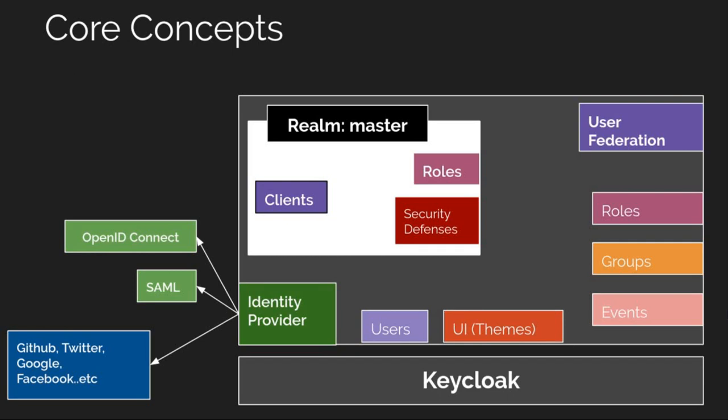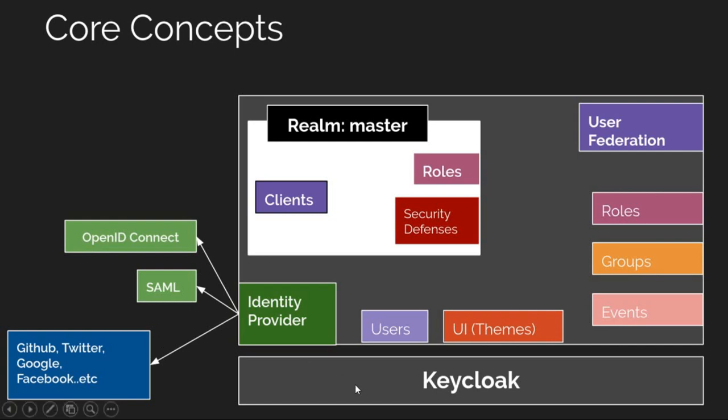Let's see some of the core concepts of Keycloak, just to summarize the features that we just saw in the previous slide. Keycloak provides support for identity providers, that is OpenID Connect, SAML, and any social login that's required. So we don't have to additionally code in our application for this. It's just a matter of configuration from the admin console.